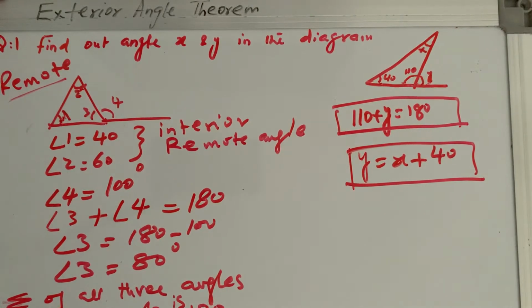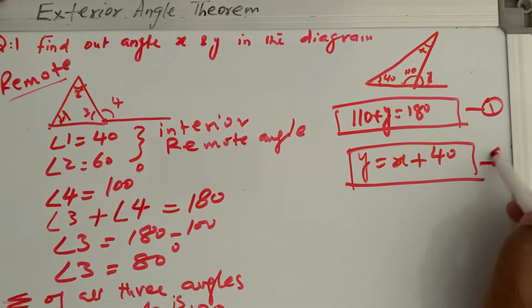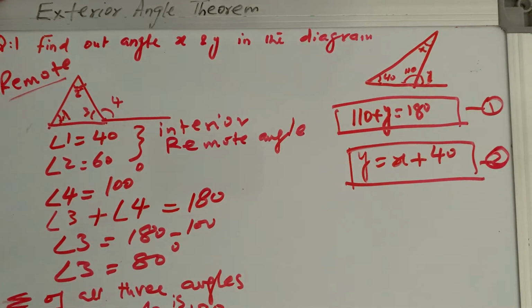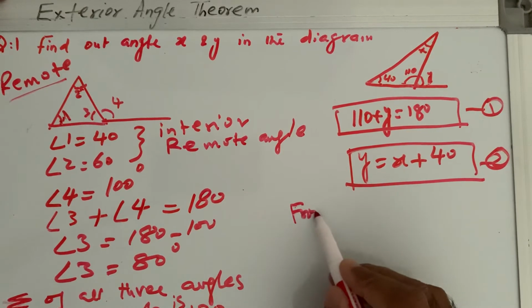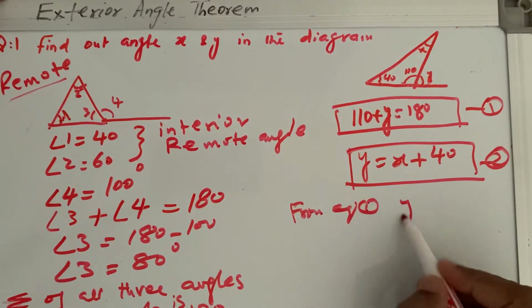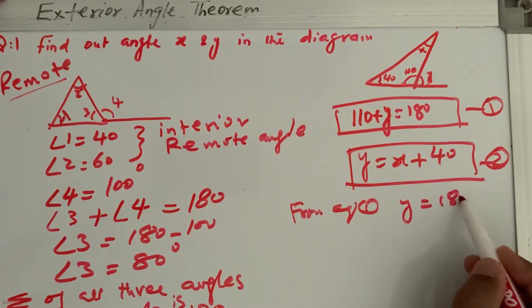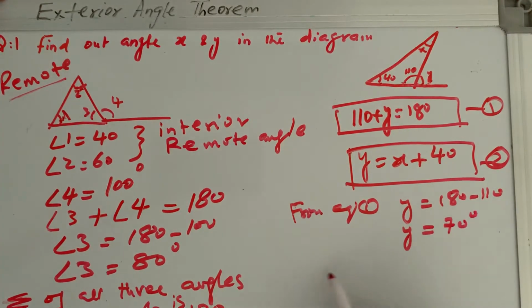If we solve one equation and substitute back into the other, we can get both angles. From equation 1, y is equal to 180 minus 110, so y is equal to 70 degrees. And substitute back into equation 2.